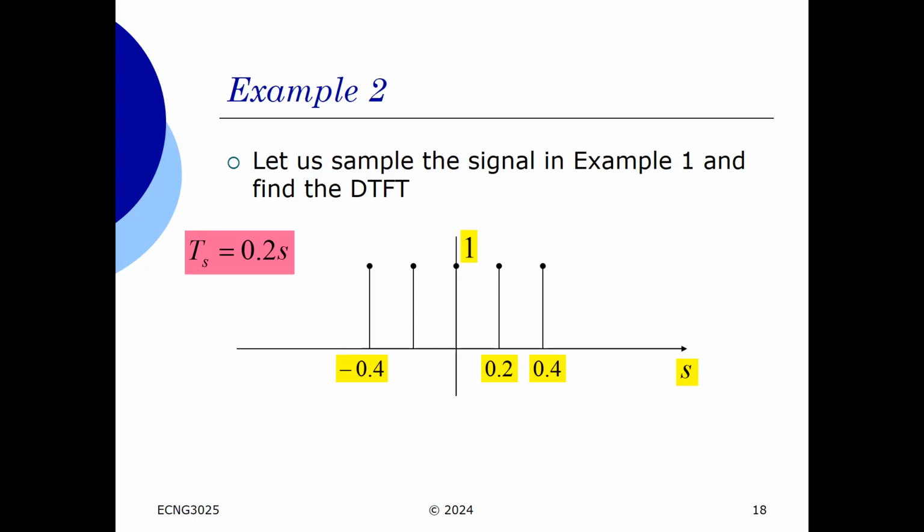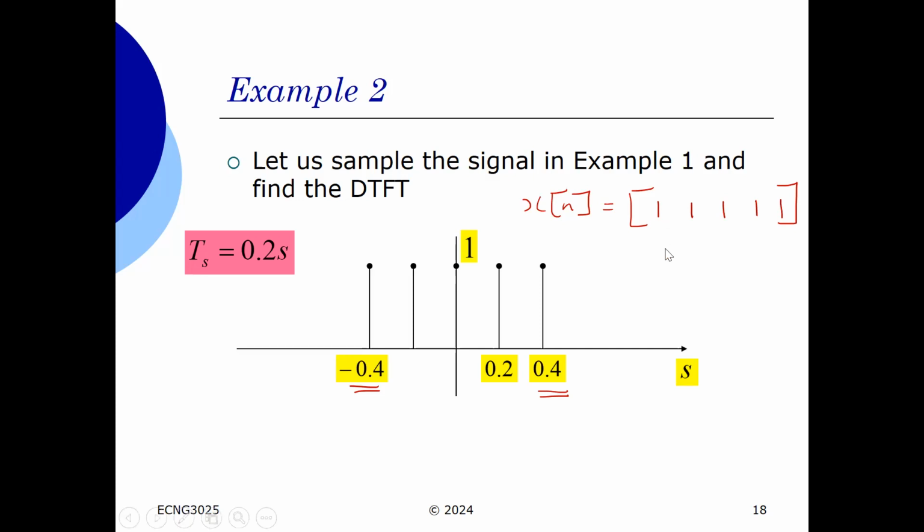The samples, of course, will be my x[n], simply 1, 1, 1, 1, 1. Those are my 5 samples, running from minus 0.4 seconds to 0.4 seconds. If I've sampled correctly, I'm doing 5 samples here.